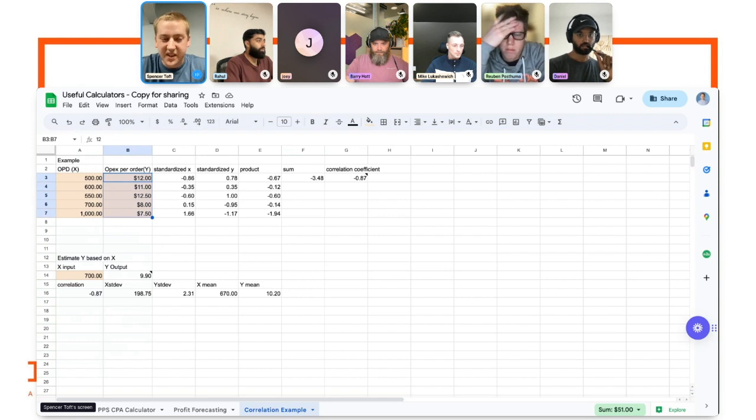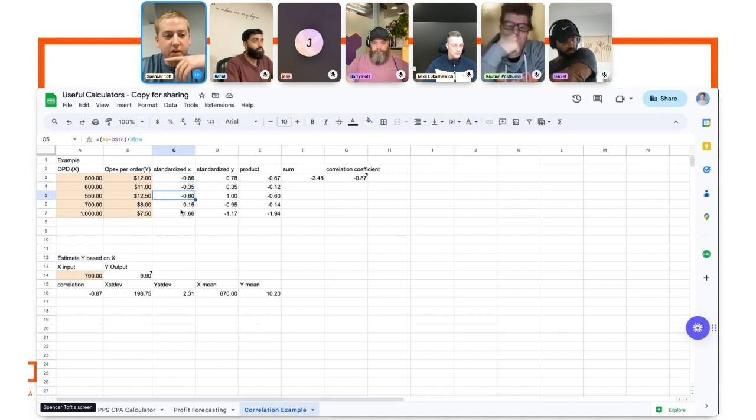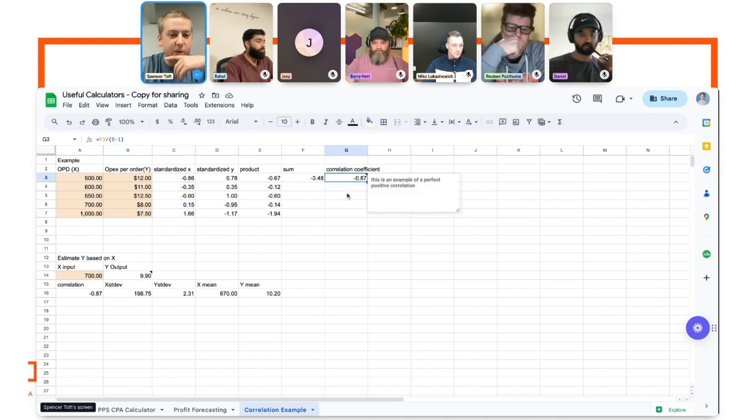So let's say this was January 2023, February, March, April, May, and then your operating expenses divided by however many orders you had that month to get your operating expense per order. And then this is all formulas, and you come out with the correlation coefficient.